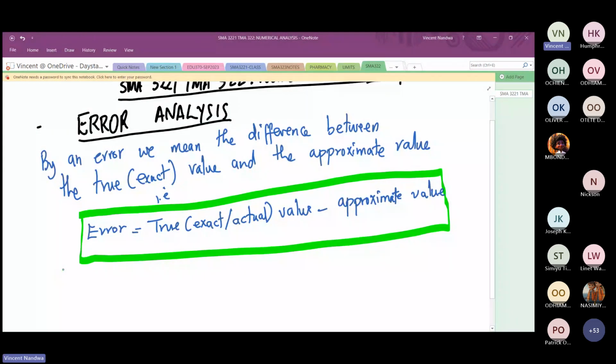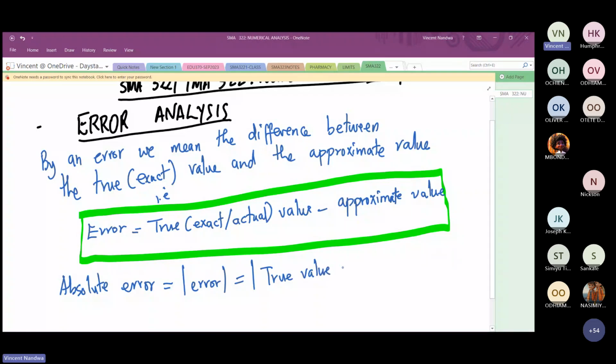So there's what we call absolute error. So absolute error, you get the absolute value of this error, which is simply absolute of true value minus approximate value.